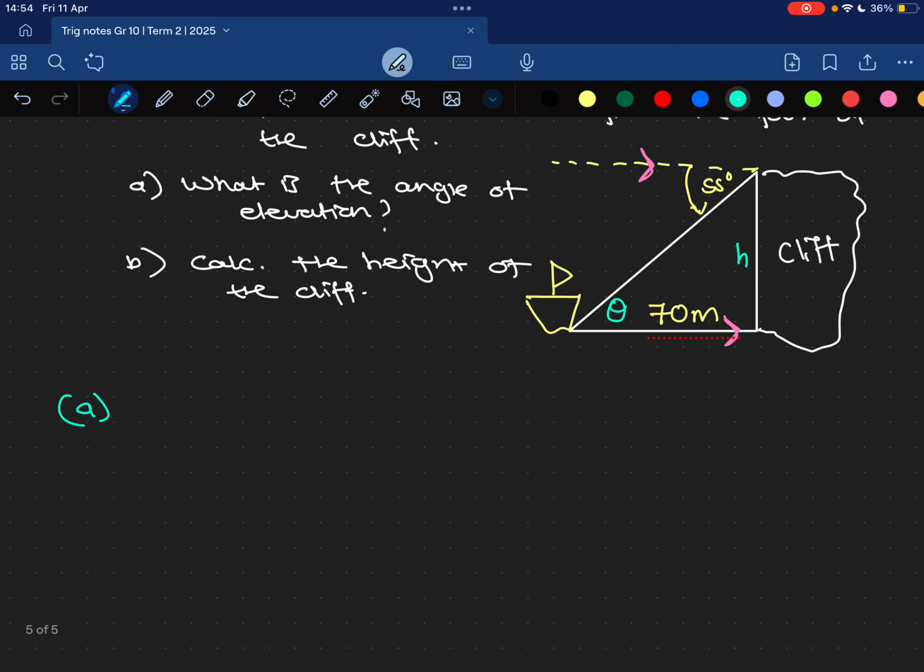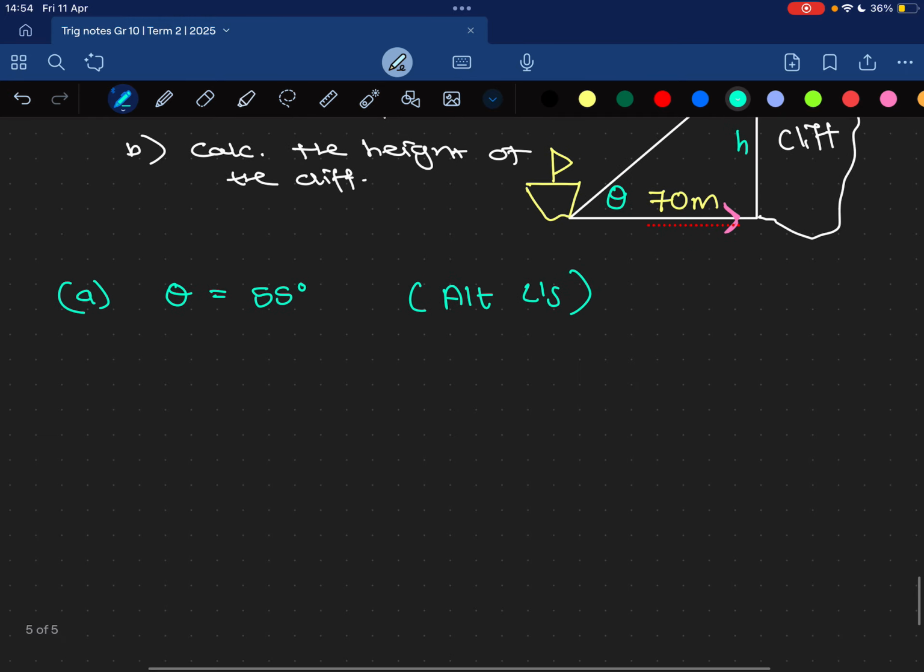So theta is going to be equal to 55 degrees, and the reason is because of alternating angles. Okay, you don't have to give me the parallel lines for this because I don't give you the actual labels, so it's fine to just say alternating angles. Okay, nice and easy.